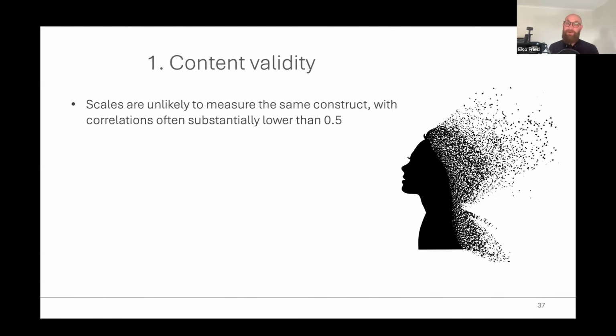People say we found a correlation between the hippocampus and depression severity or depression symptoms or depressive episodes, right? But that's just not really correct because the Beck Depression Inventory in many studies has a correlation with other measures such as the CESD that is substantially lower than 0.5.